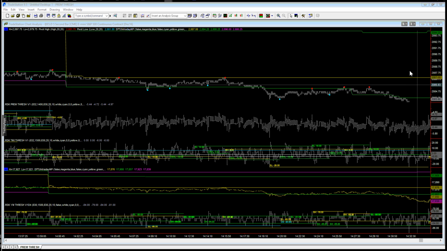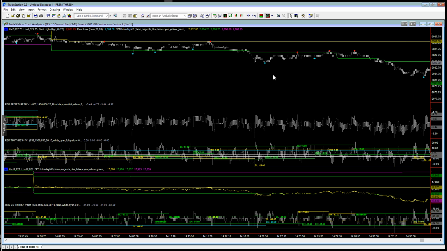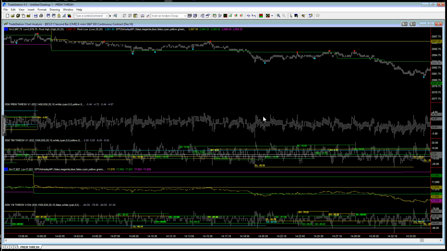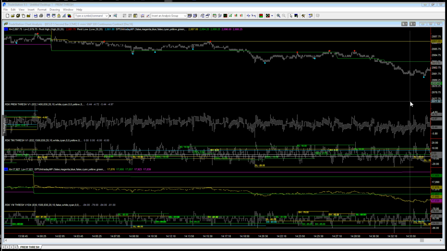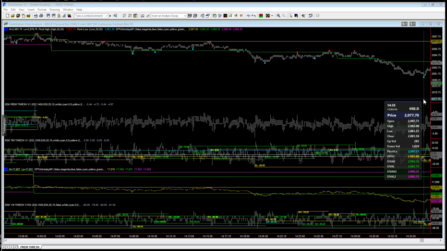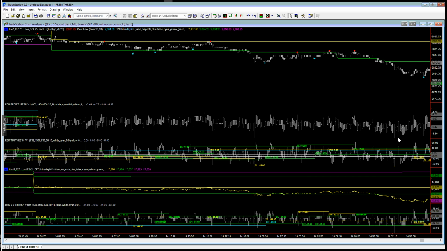Let's move that back up. Look at this spike down here. Another spike down here. What's happening to the premium? You're at 81.25. Look at the premium.